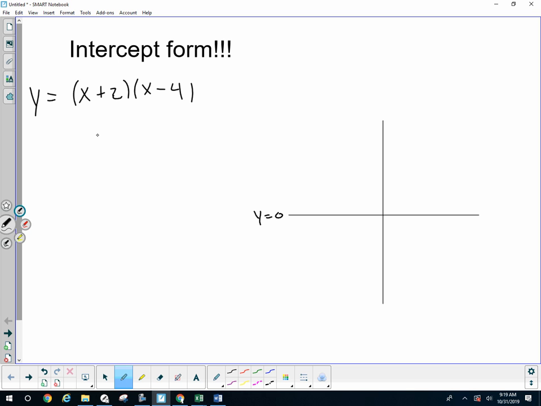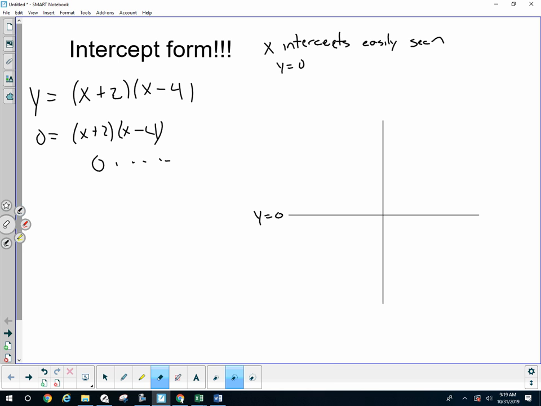The zeros, or the x-intercepts, are easily seen. An x-intercept is when y is 0. Now, when y is 0, it is easy to tell that x has to be -2 for this to be 0, and then if it's 0 times anything, it's 0.